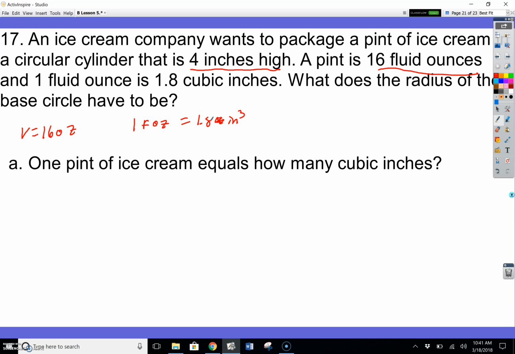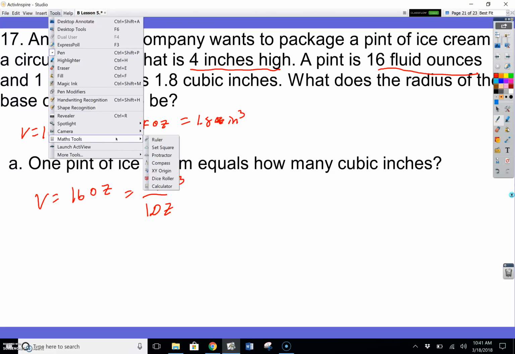So it says 1 pint of ice cream equals how many cubic inches? Well, if the volume is 16 ounces and 1 ounce is equal to 1.8 cubic inches, all I need to do is multiply 16 times 1.8. So let's go ahead and do that right now.